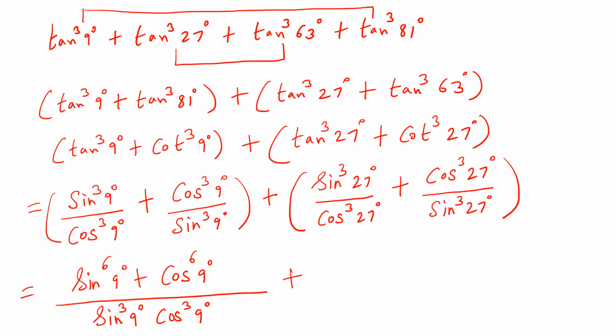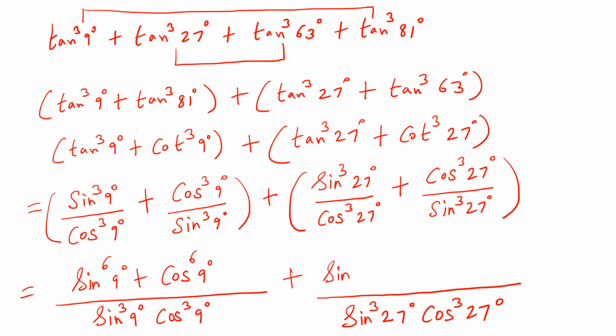Similarly, in the second expression, the LCM comes out to be sin cube 27 degree into cos cube 27 degree, and in the numerator, it becomes sin 27 degree to the power 6 plus cos 27 degree to the power 6. Now students, we move further.